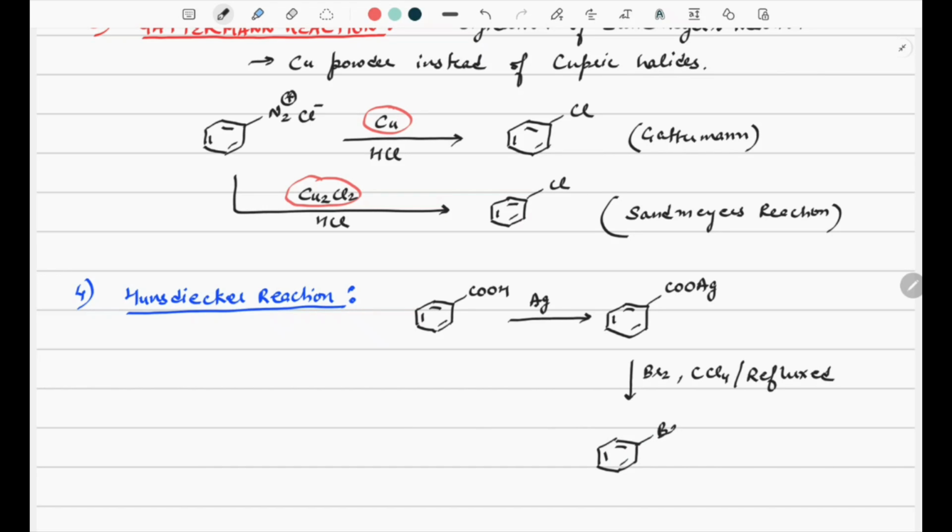So this method is specific only for bromoarenes. This reaction undergoes a radical mechanism because free radicals are produced in this reaction.